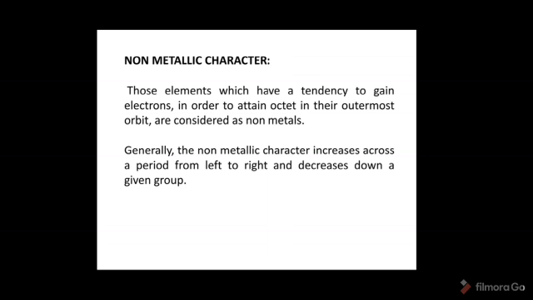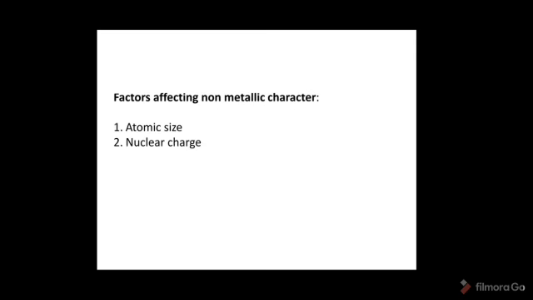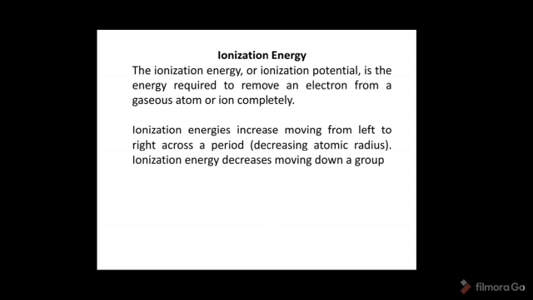Non-metallic character is nothing but the tendency to gain electrons. It increases when you move from left to right in a given period, and decreases when you move from top to bottom in a given group. Factors affecting non-metallic character: the same factors, atomic size and nuclear charge.